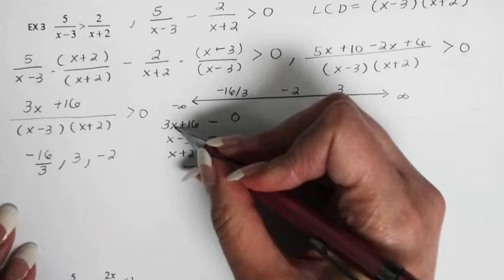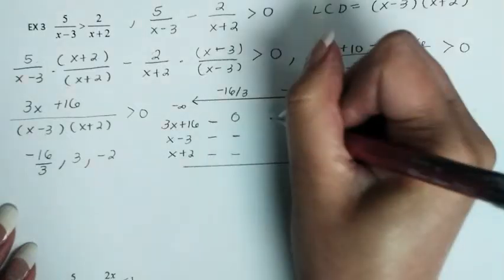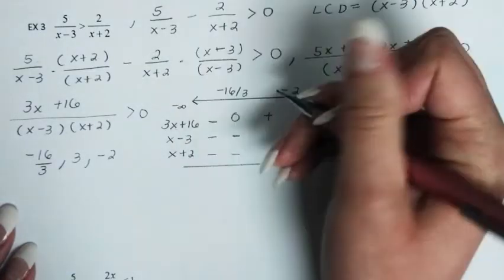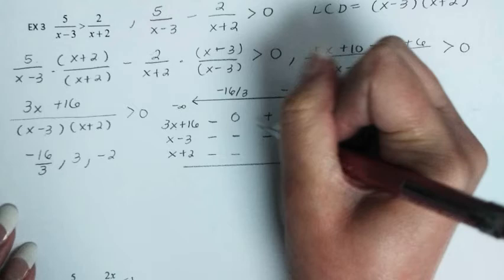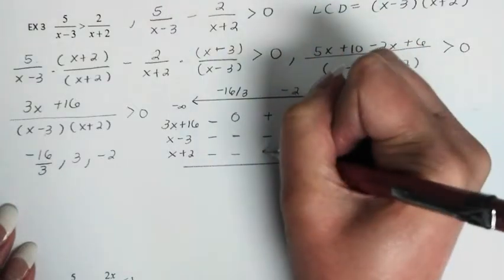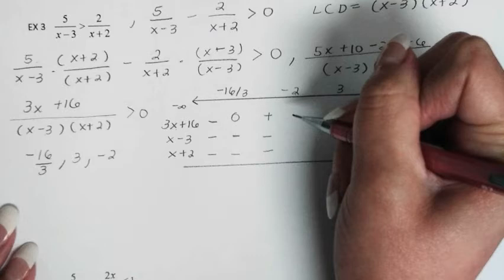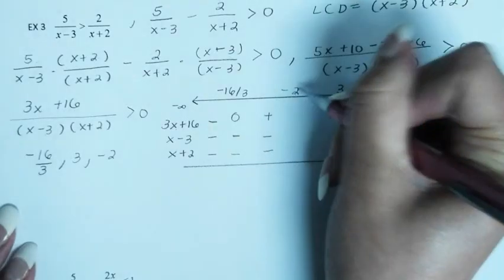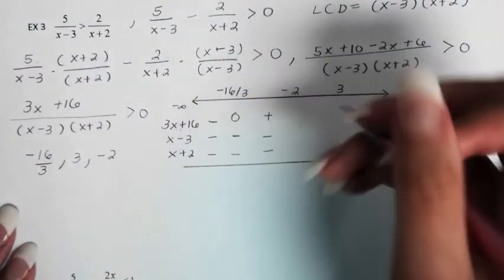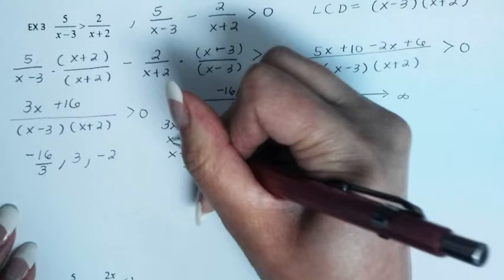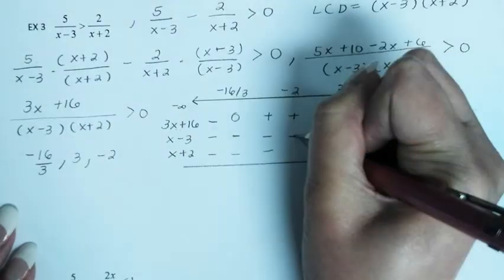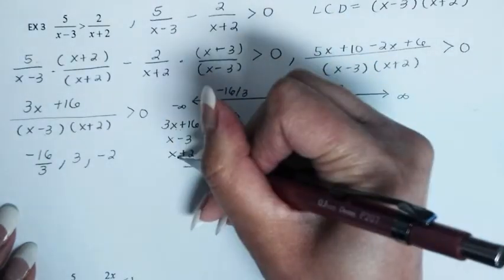If you plug negative 3 in, that one is going to be positive, that one negative, and that one negative as well. After that, you plug in the negative 2. That one is going to be positive, that one negative, and that one is going to be 0.